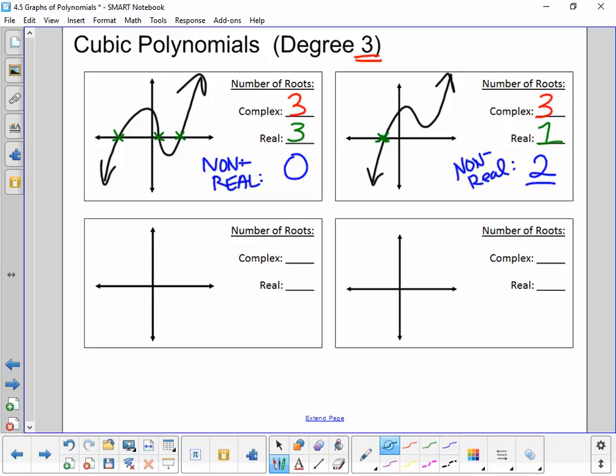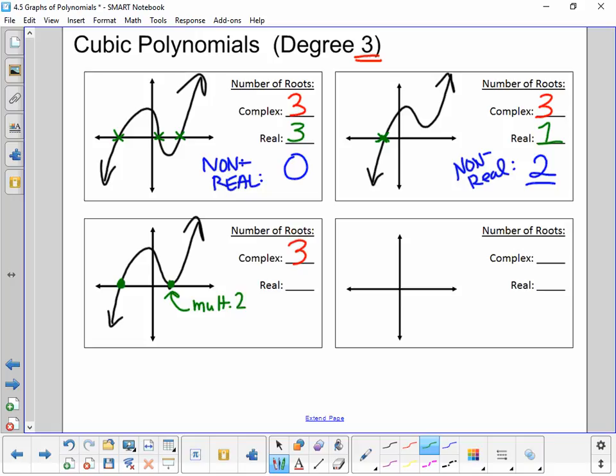Another way a cubic function might look is maybe like this, where it just touches the x-axis right here. Again, it's a degree 3, so I know it has 3 total complex roots. But if I look at the graph, I see 1 here, and I only see 1 here, except you need to remember that this root has a multiplicity of 2.